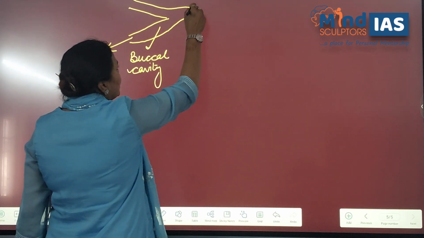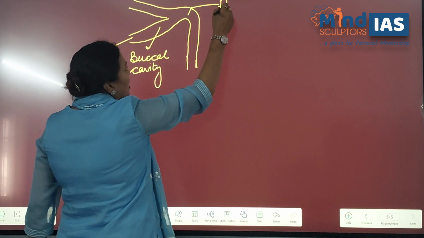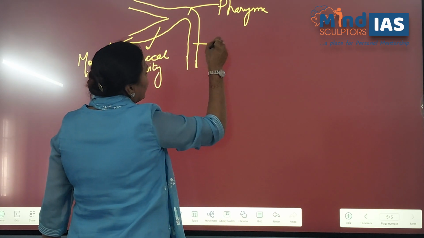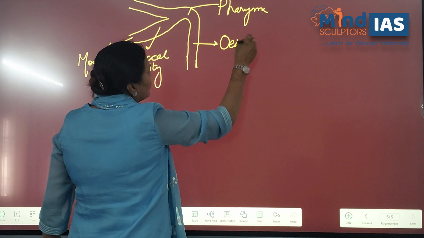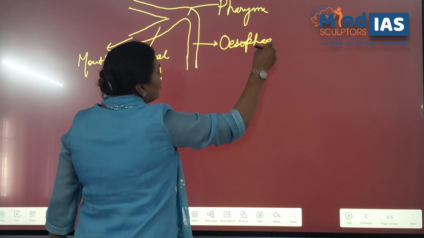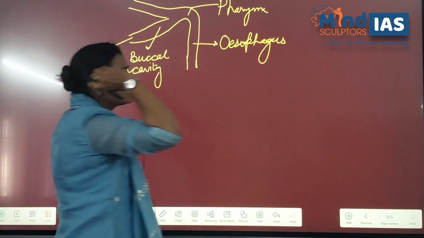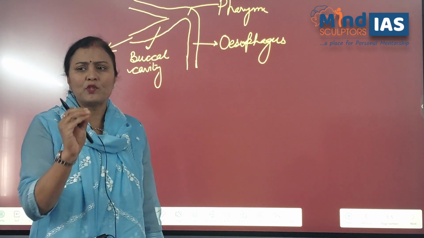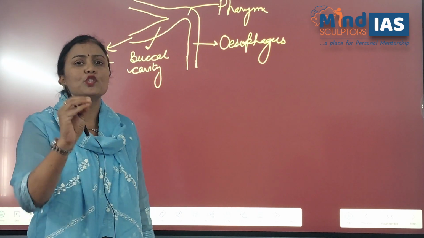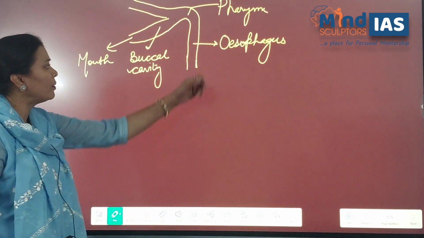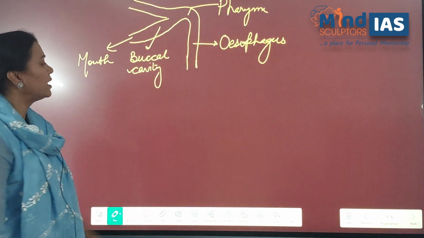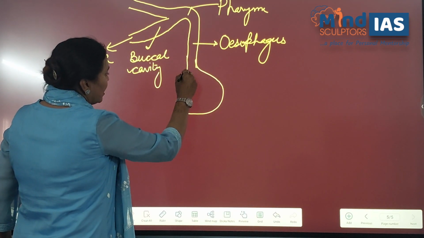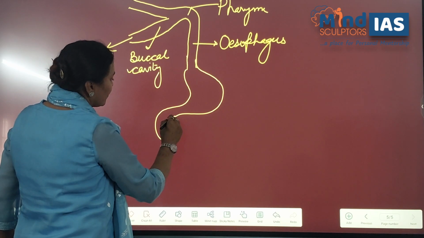This buccal cavity leads to a common passage called the pharynx. Then you have the food pipe, but please don't remember this word, because when you are aspiring for UPSC or BPSC, there are a few technical terms you need to remember. So instead of food pipe, focus on the word esophagus. This esophagus leads to your stomach.